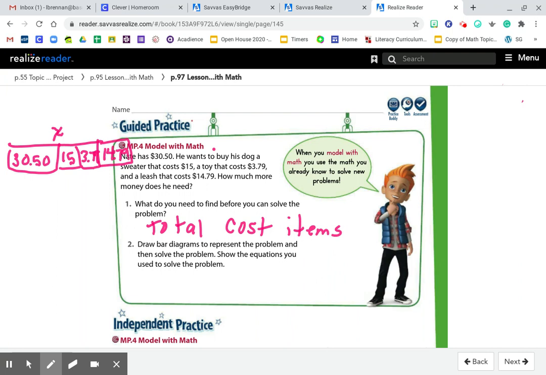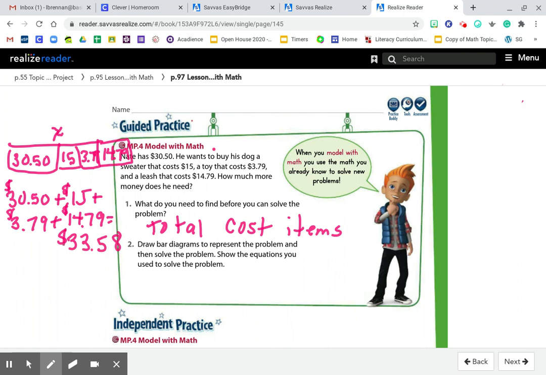And if you write an equation for that, you would write 30.50 with your dollar sign plus $15 plus, I have to go to the next line, because I don't have enough room here, 3.79 plus 14.79 equals, and the total on that, when we add it all together, you line it all up and add it together, the total cost is $33.58.